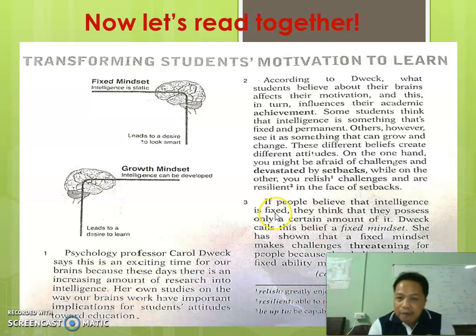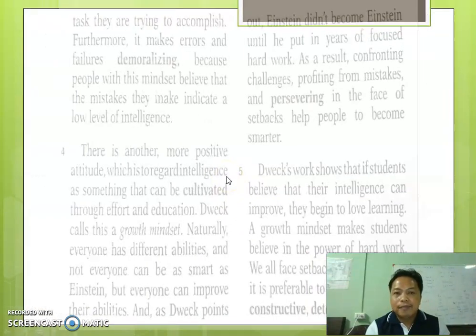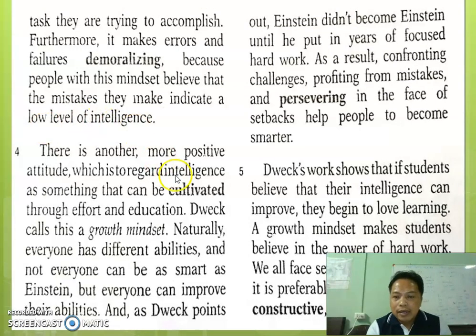Now, if people believe that intelligence is fixed, they think that they possess only a certain amount of it. Dweck calls this belief a fixed mindset. She has shown that a fixed mindset makes challenges threatening for people because they believe that their fixed ability may not be up to the task they are trying to accomplish.